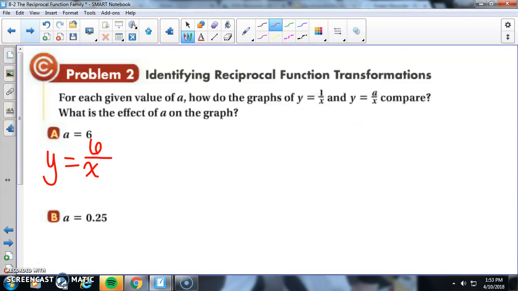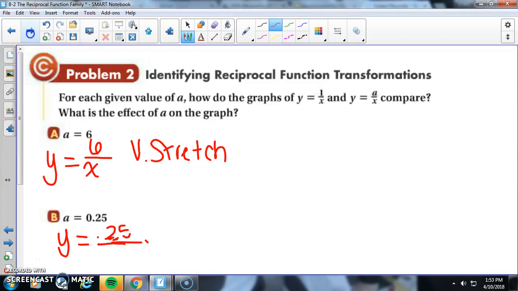And if a is greater than 1, this is going to be a vertical stretch. Y is equal to 0.25 over x means that 0.25 is a, so that's between 0 and 1, so this is going to be a shrink.